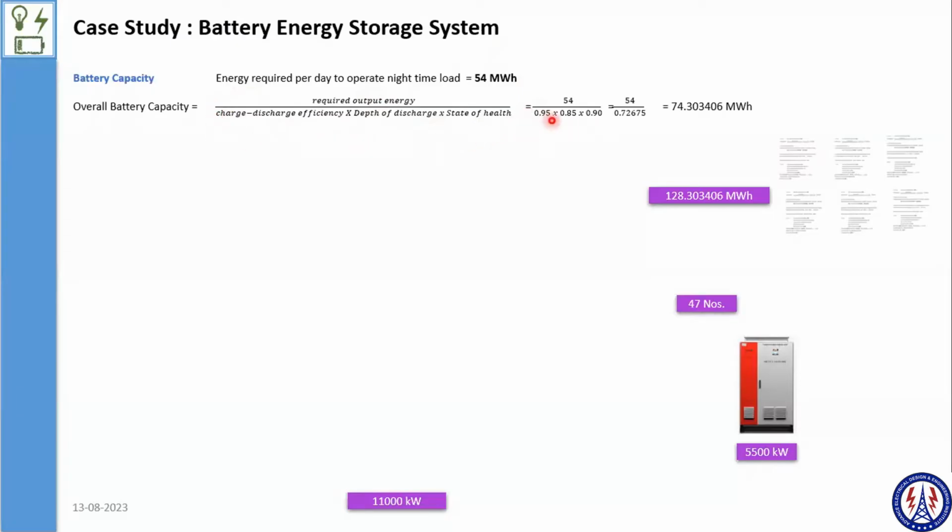Putting the values in the denominator: 54 divided by 0.95 multiplied by 0.80 multiplied by 0.85 multiplied by 0.980, is equal to 74.3034 megawatt hour. This is the storage you require, and then only you can draw out 54 megawatt hour in a normal scenario. And at the 10th year also, you can easily draw this energy.